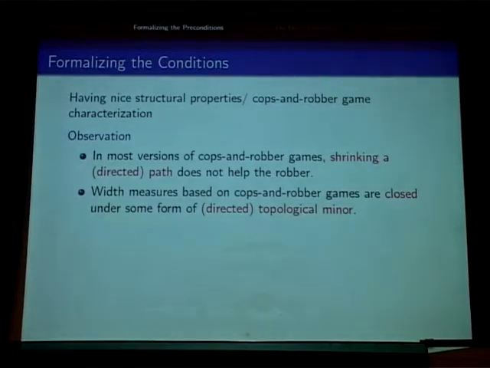So it seems that if you want a width measure that is based on a cops and robber game characterization, then shrinking induced 2 paths should not help at all. Which means that width measures based on cops and robber games should be closed under some form of topological minors. We're just trying to formalize this; there is no formal notion of what a cops and robber game based width measure is, but this is our formalization of this notion.